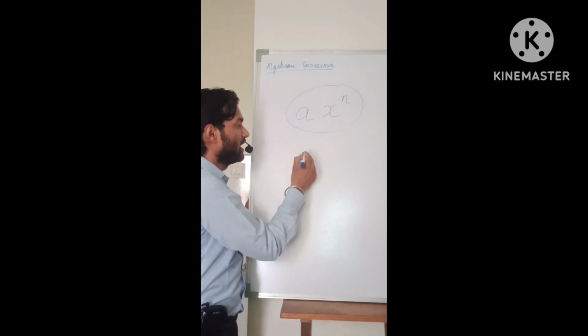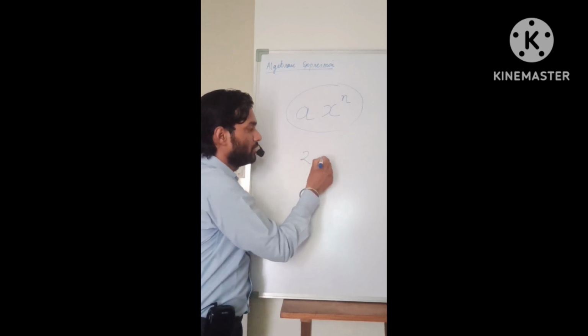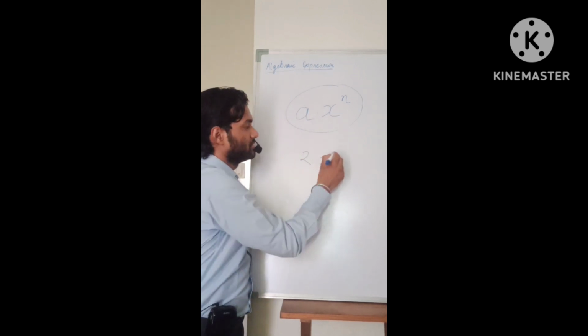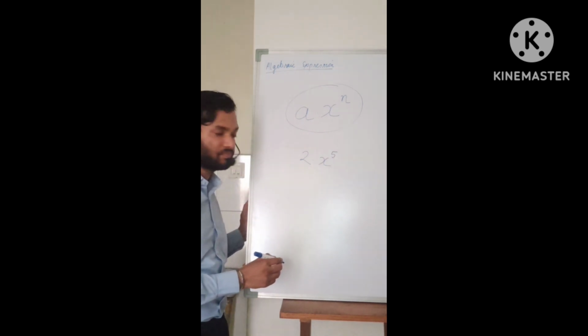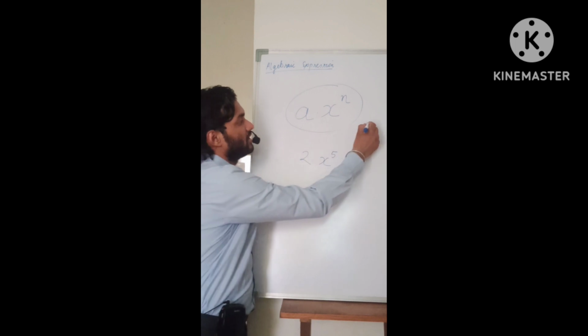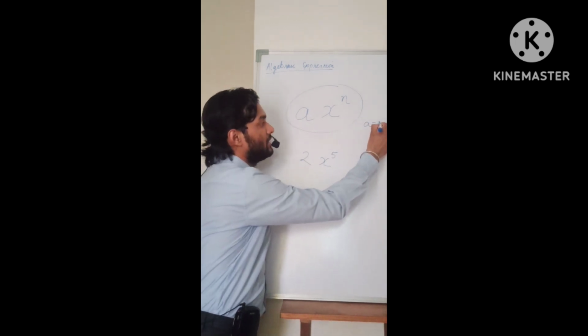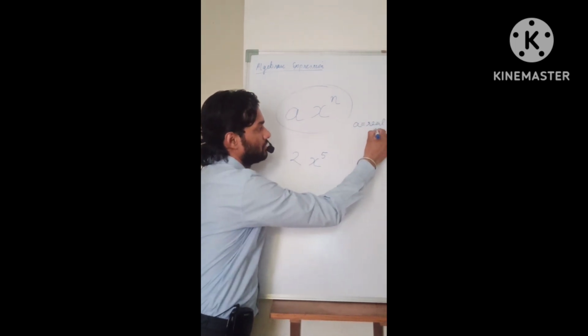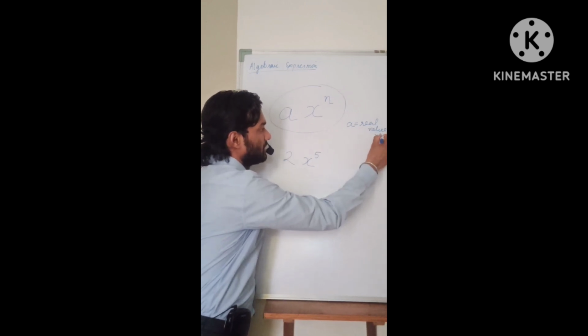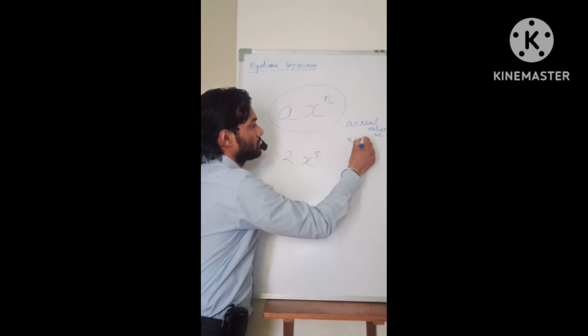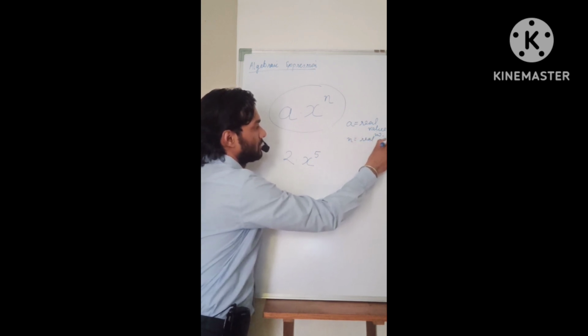For example, if we have 2 into x raised to some power, say 5, this is an algebraic term. Furthermore, we can have a as any real number, and n is also any real number.